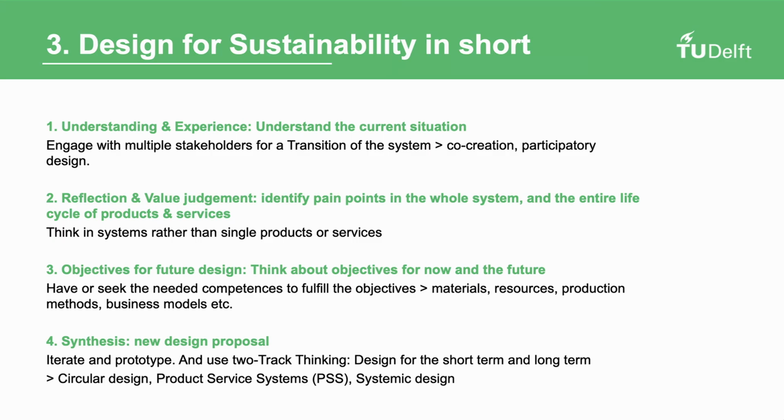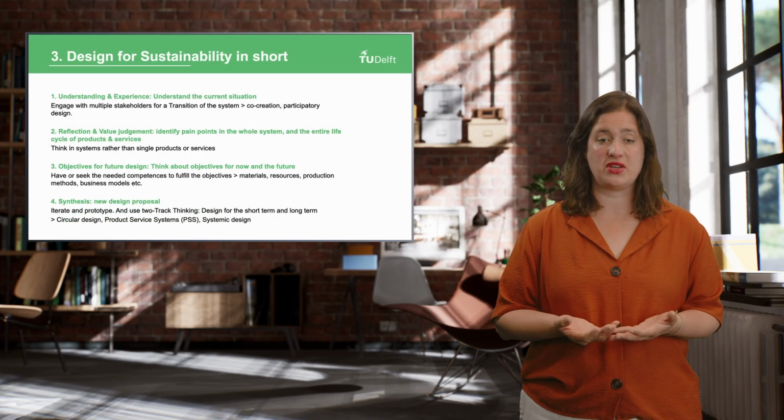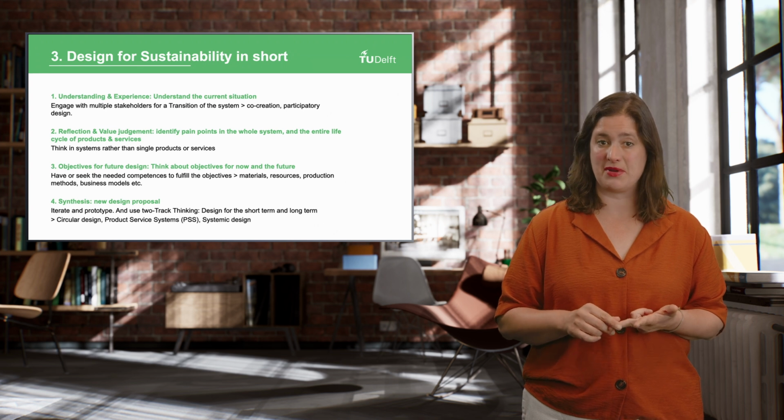Synthesis is a process to come to a new design proposal. In this activity, it is important to iterate and prototype, and use again this two-track thinking, design for the short term and the long term. In this synthesis design phase, you can make use of circular product design, product service systems, or systemic design.